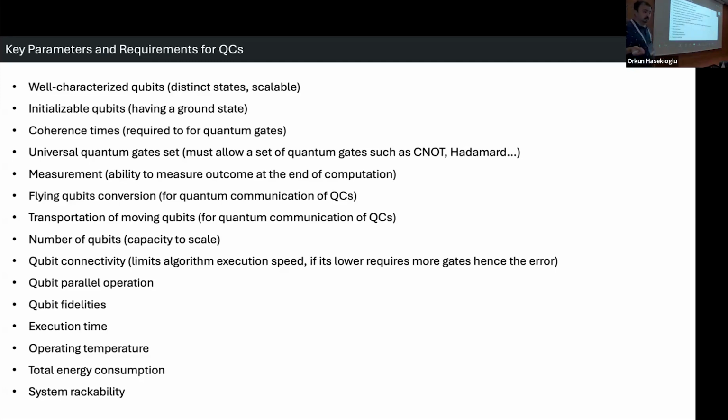This is the physical qubits. I will get into detail, but for a universal qubit with an error correction system like the superconducting system, for example, if you need 1 million logical qubits, you will need 10 to the 14 physical qubits.